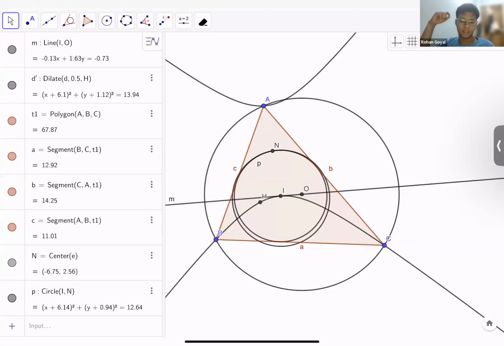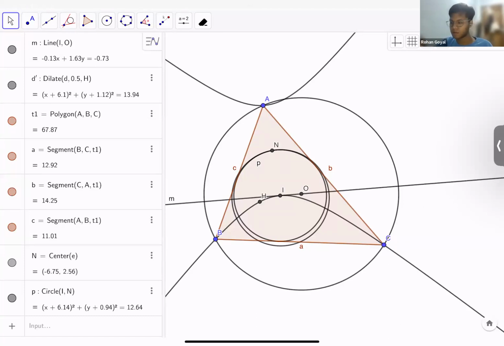This is something you can try to angle chase. Okay, this is something I'll leave for you to think about.